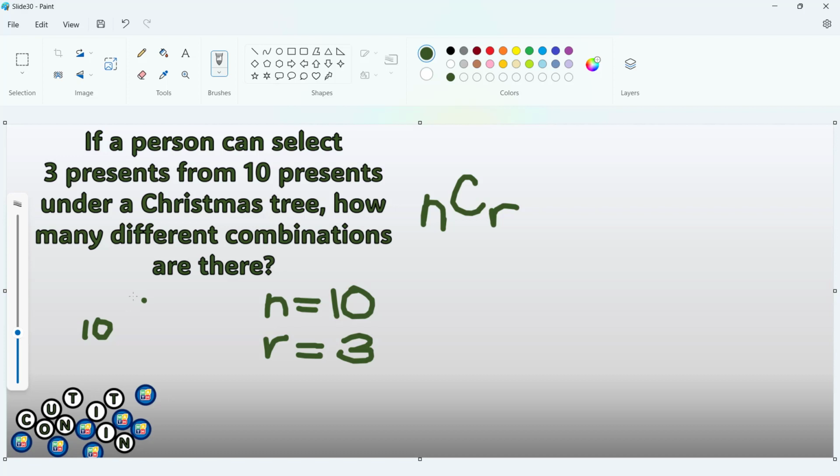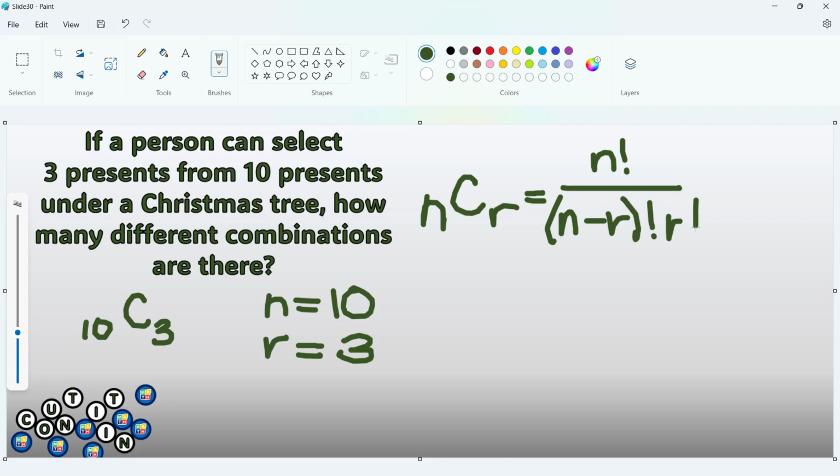You can plug this in your calculator if you would like to. We have 10C3, and you will automatically get a result. But for a process here, let's show the manual steps. The formula for our combination is n factorial over (n minus r) factorial times r factorial.